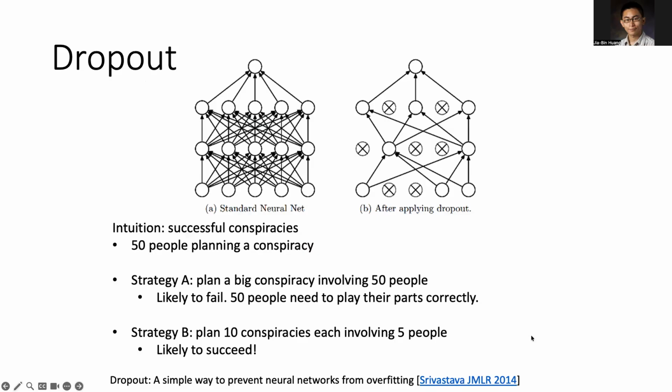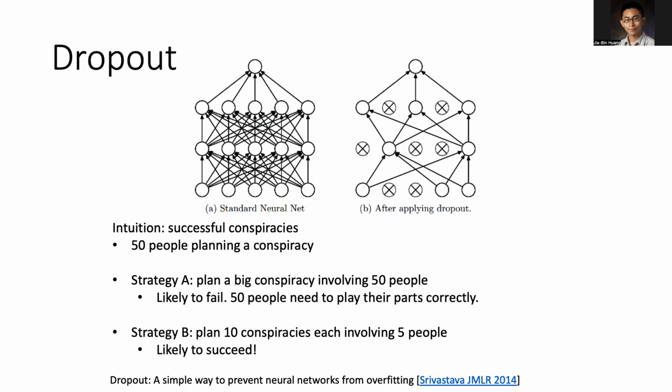One way to understand intuitively why this works is the following. Imagine that you want to conspire to do something bad. Then you have two strategies. You have 50 people to plan that conspiracy. Strategy A is that all 50 people, who are the neurons, plan jointly. It will probably fail, because all 50 people need to be in sync, and every person plays a small part.